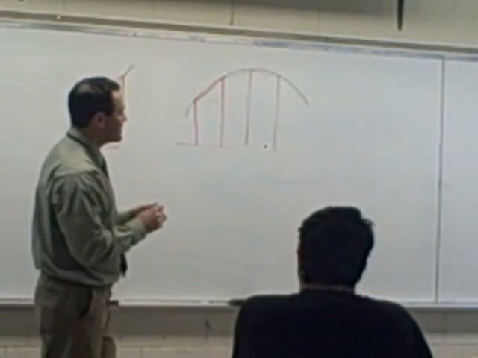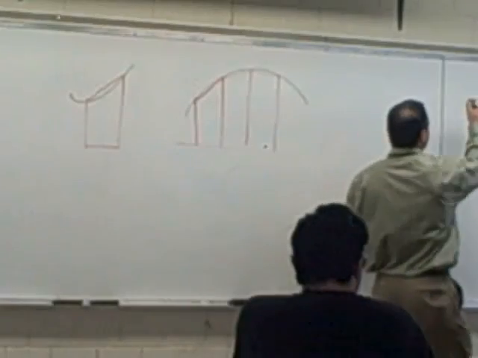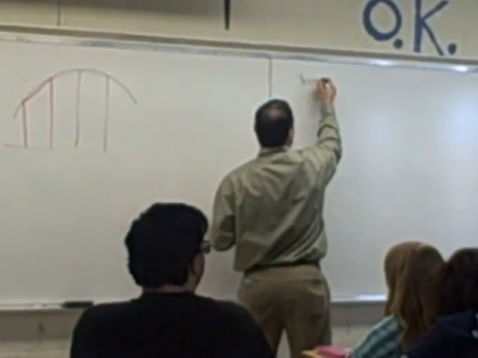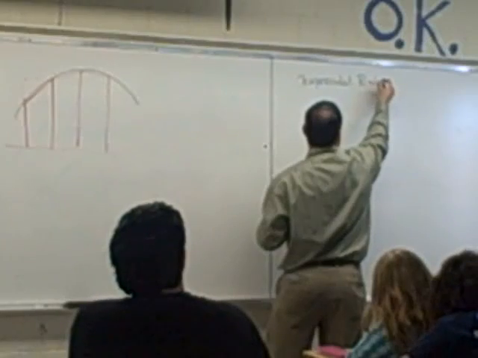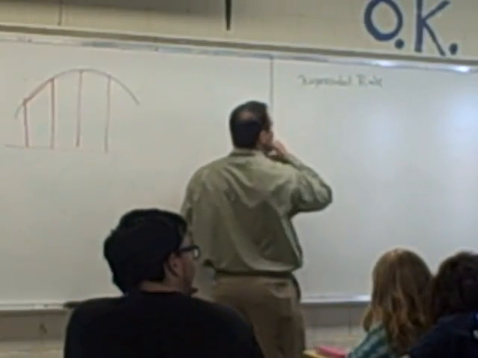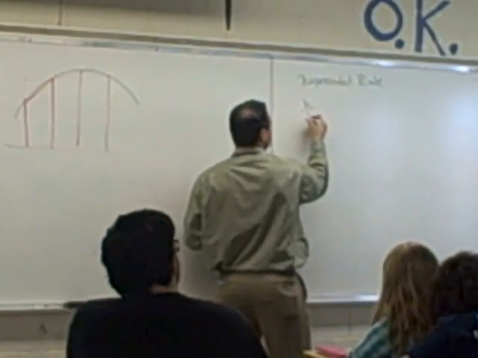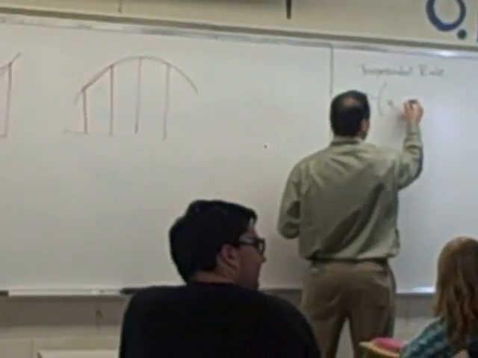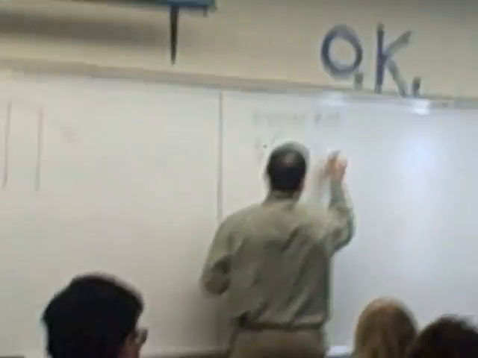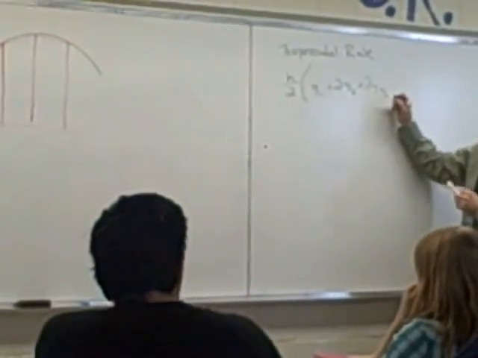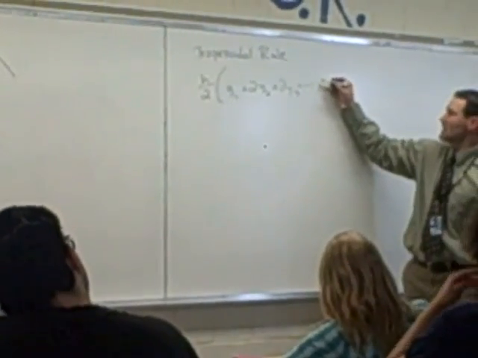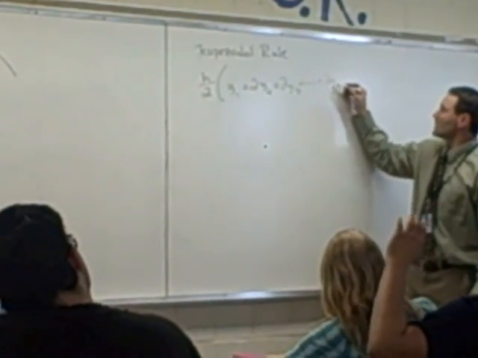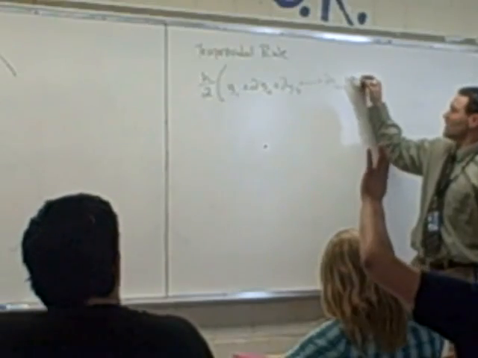All right, trapezoidal, it's a formula. There's as many twos as you need, and then the last one will be by itself.